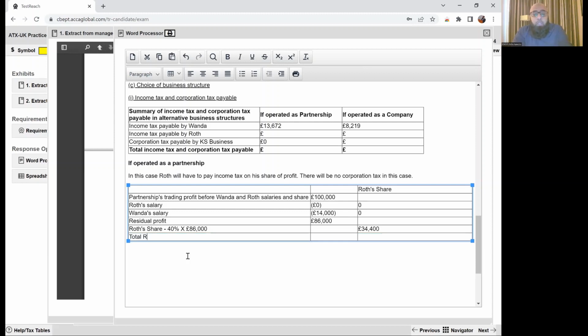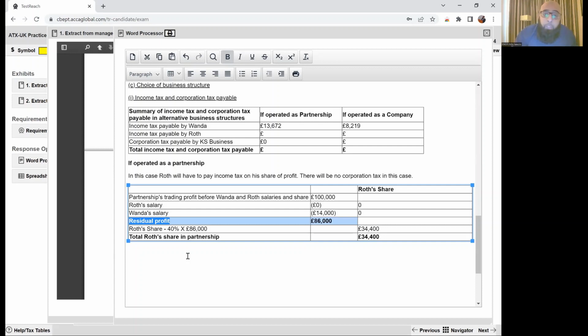So total ROT's share in partnership is 34,400. Obviously, in the partnership, we need to calculate the partner's share before working for the partner.